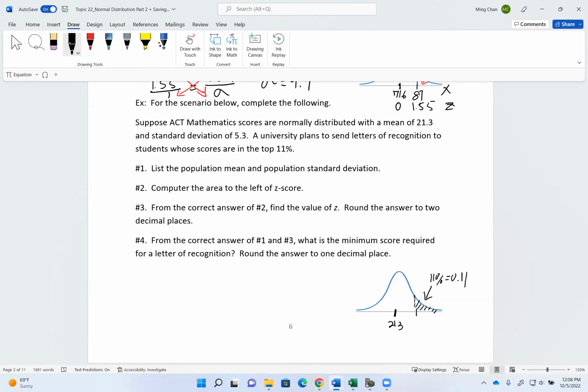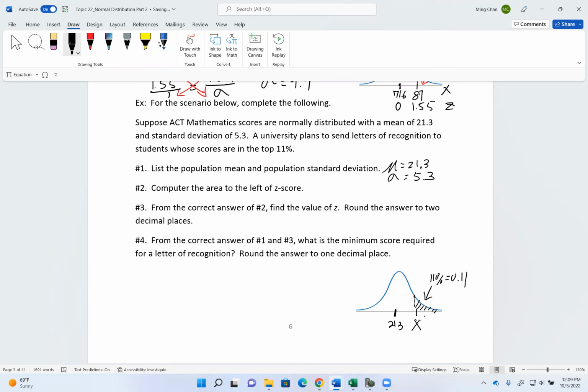So the question now becomes, okay, what is the score gonna be? What is this score to determine the top 11%? So number 1, list a population mean, which is 21.3, and a standard deviation 5.3. The area to the left of my z-score, right?